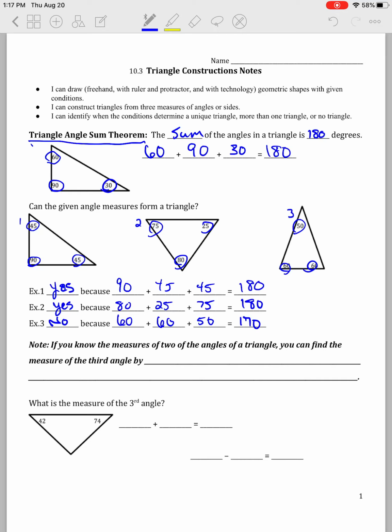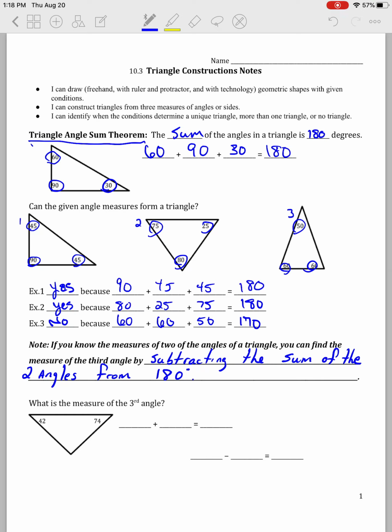So note, if you know the measure of two of the angles of a triangle, you can find the measure of the third angle by subtracting the sum of the two angles from 180 degrees.